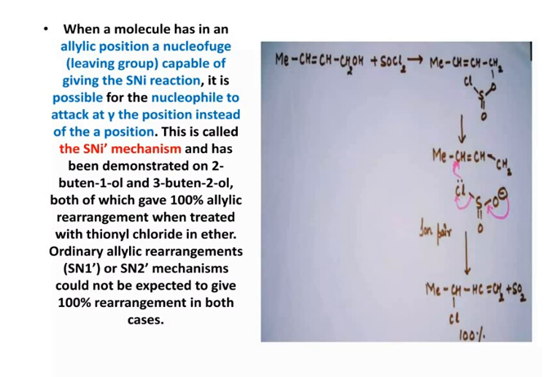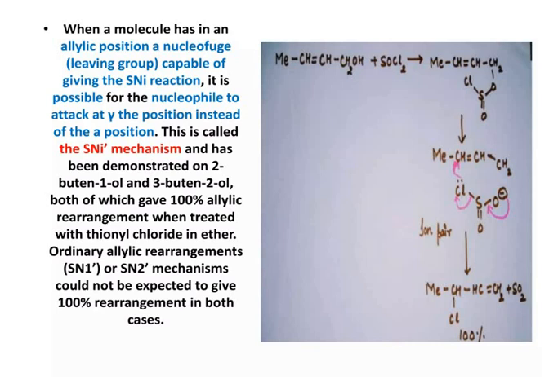So you can see, when a molecule has in an allylic position a nucleofuge, a leaving group capable of giving the SN1 reaction, it is possible for the nucleophile to attack at the gamma position instead of the alpha position.